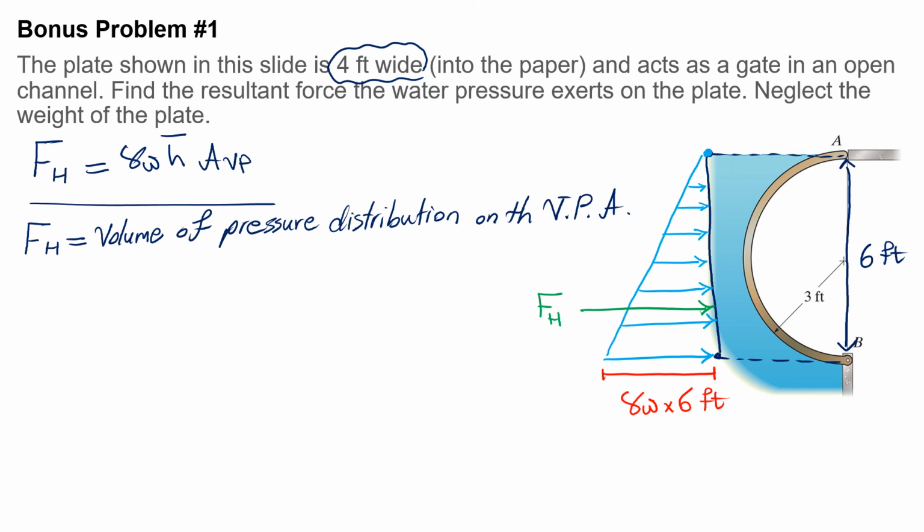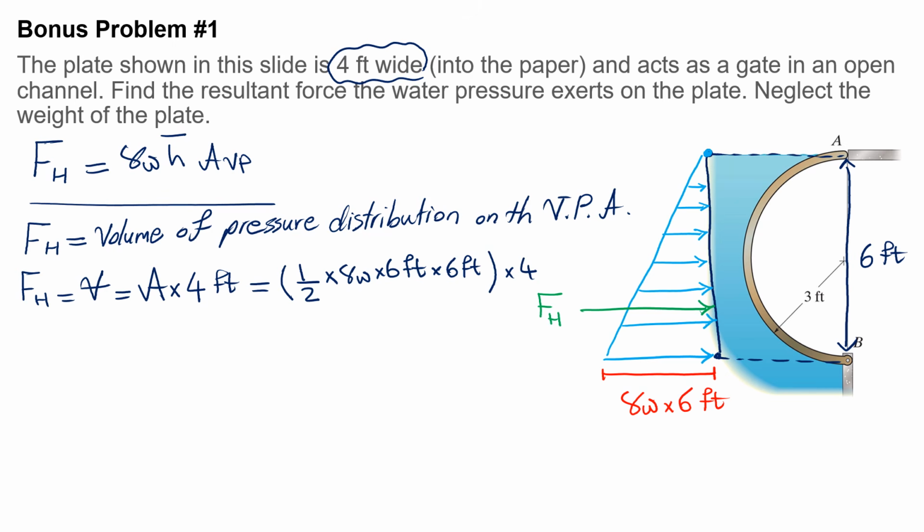All right, now I can write FH to be equal to volume, which is area of triangle, times how wide it is, which is 4 feet. Now I'm going to replace the area. The area of the triangle would be half times the base, which is gamma W times 6 feet, and the height of the triangle is also 6 feet, times 4 feet.